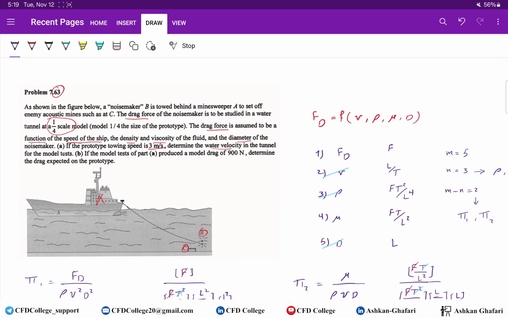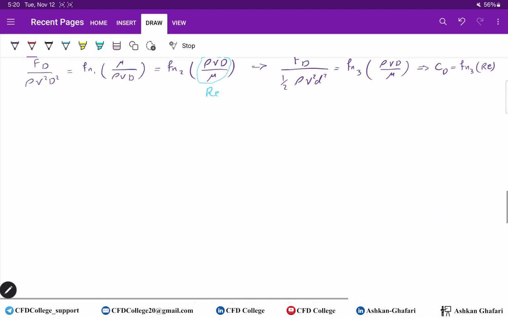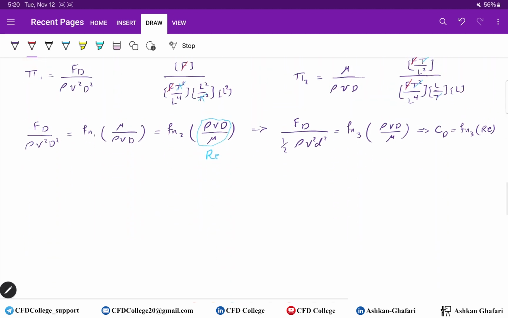For part A, we know that the speed of the prototype is 3 meters per second, and we have to determine the water velocity in the tunnel for the model. So it means that we should use Reynolds number, because in the other dimensionless groups, we have force, and we don't know anything about the force at part A. So part A, we should have Reynolds number similarity.